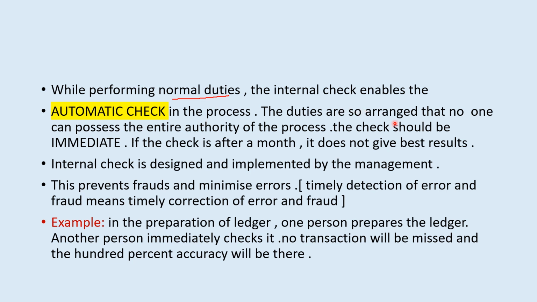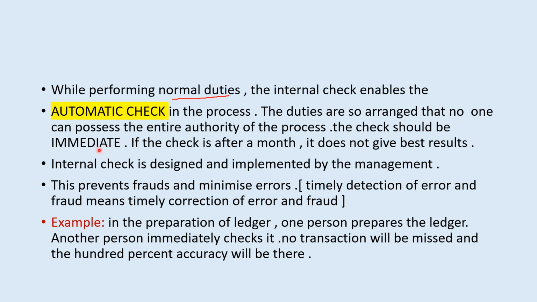The duties are so arranged that no one person possesses the entire authority of the process. Why is it like this? Because then who will check? If one person is doing it continuously, then there should be another person to check. That is why you do not give one person the full authority of one work. More than one person is present for one work.